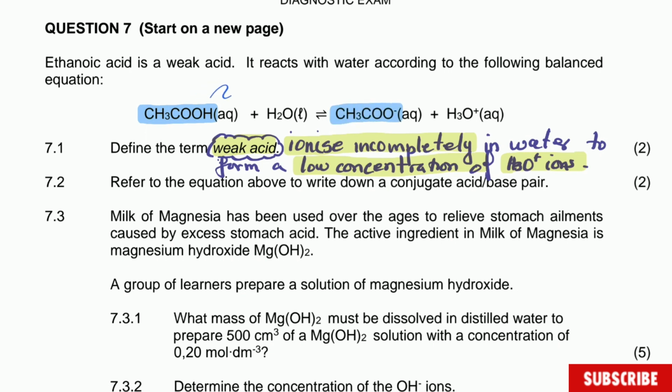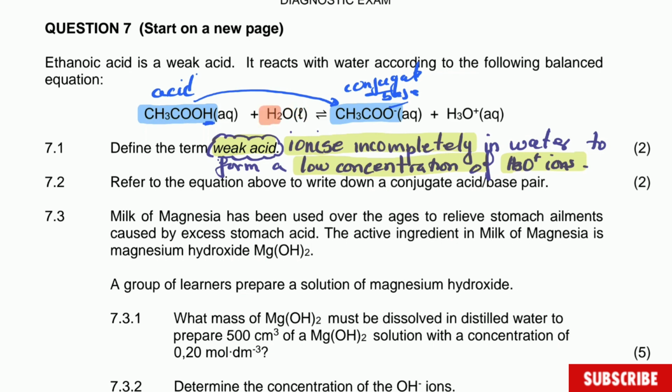When you go from the reactants to the product here, you can see that this H is gone, so therefore this one is an acid and this one will be the conjugate base. Very simple. They say only one, but let's identify the other one.